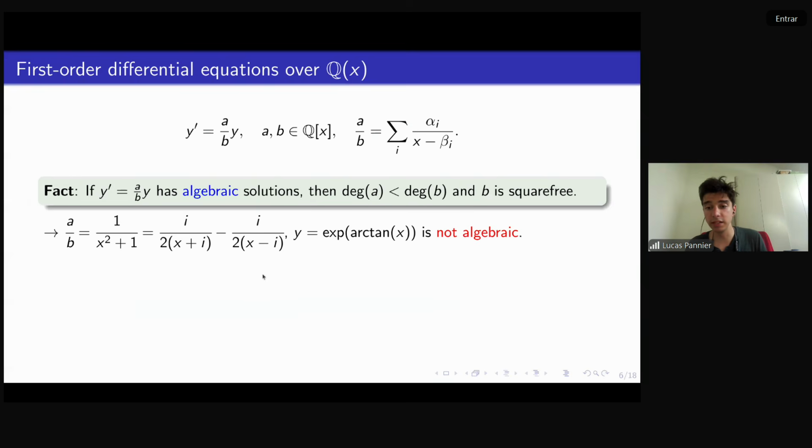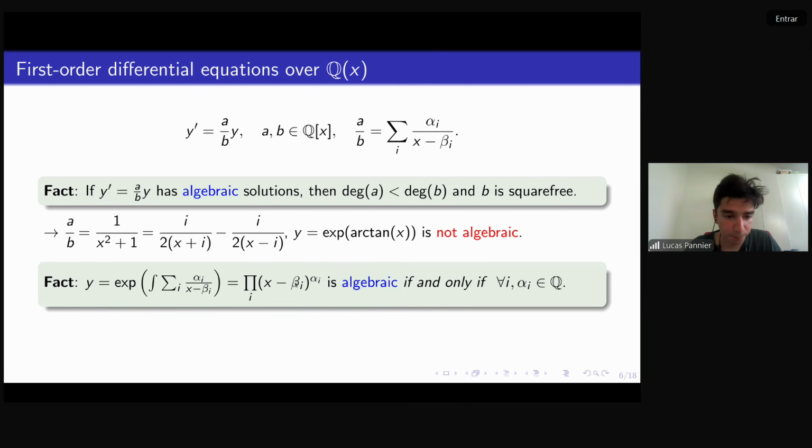But this is not an if and only if, as is shown by this example. If I take a over b to be 1 over x squared plus 1, we can express it as this partial fraction decomposition, and the solution, exponential of arctangent, is not algebraic. So the actual if and only if condition that we need is the following.